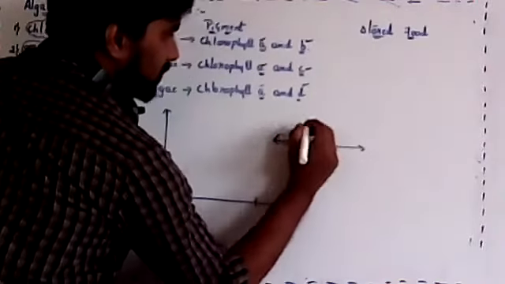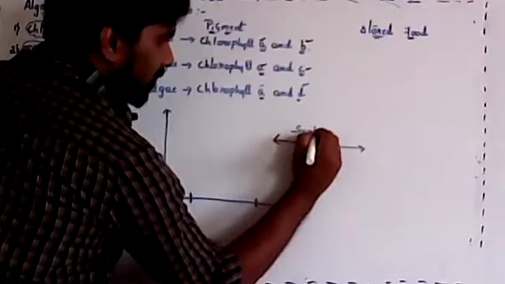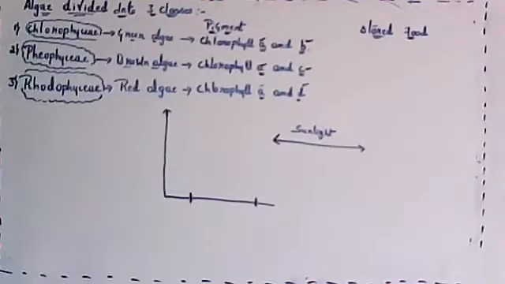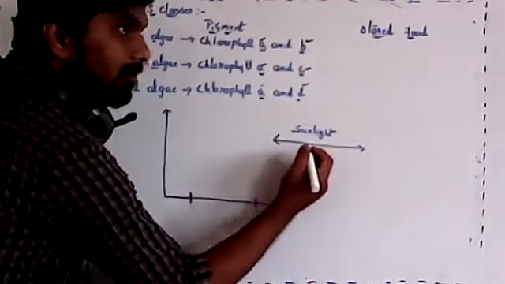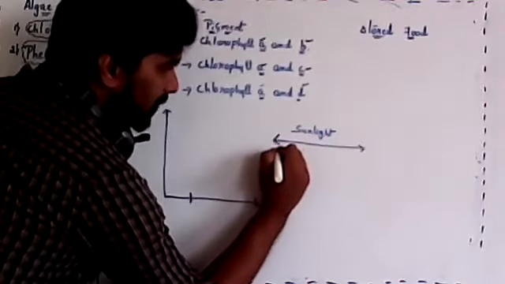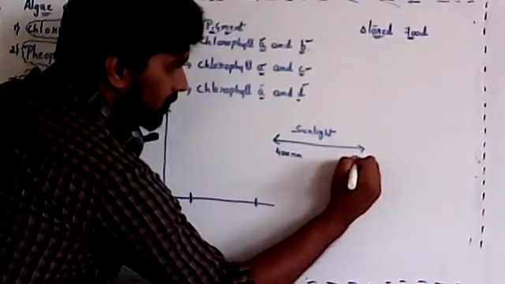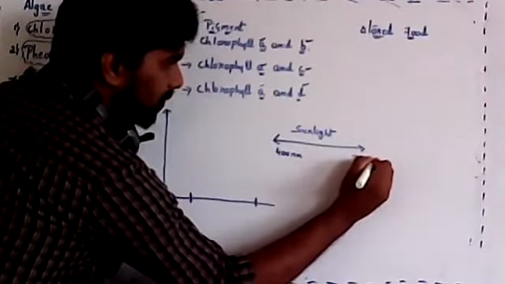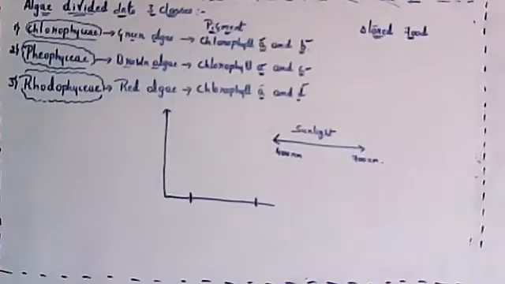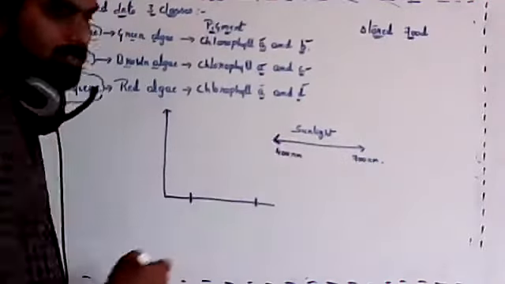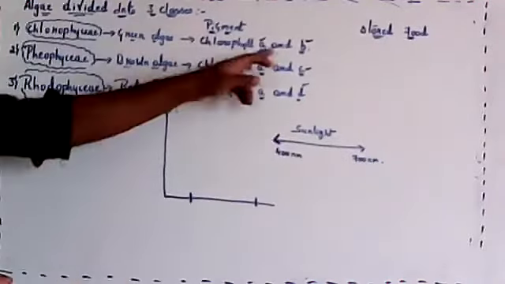We'll take a small spectrum of sunlight. Visible light, whatever we observe outside, contains 400 nanometer to 700 nanometer. This is a range where the pigments ABCD work. Chlorophyll comes in different types: chlorophyll A, B, C, and D.